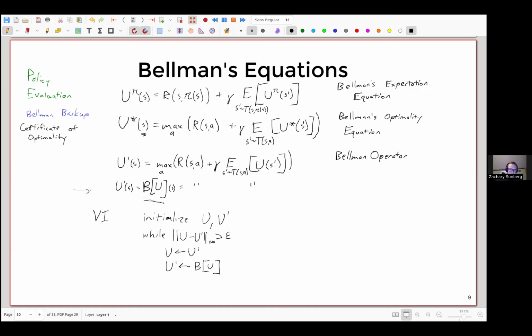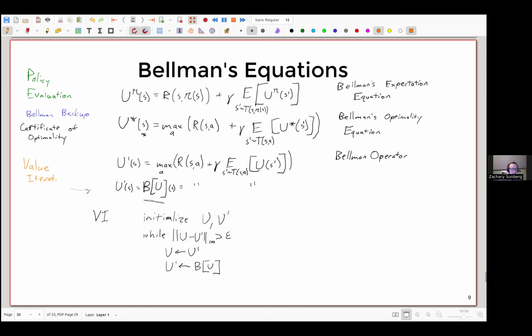So one more thing for your homework, I suggested that you just guess a policy for the MDP that I gave, and then verify that the value for that policy satisfies Bellman's optimality equation. So here, just to complete this, we use Bellman's operator for value iteration.